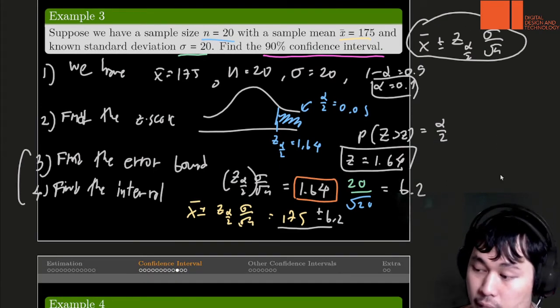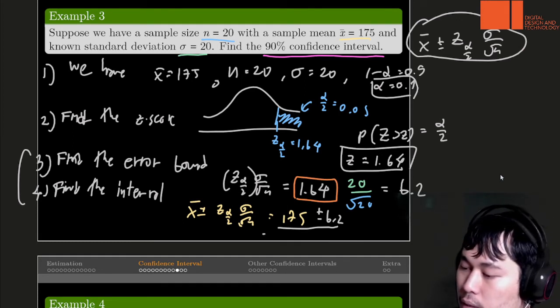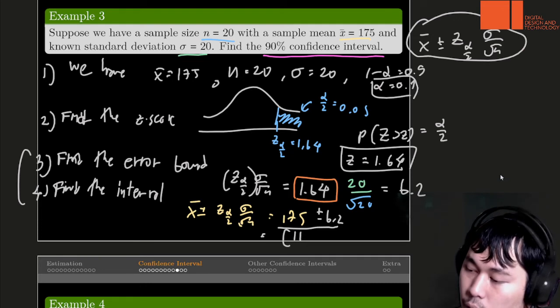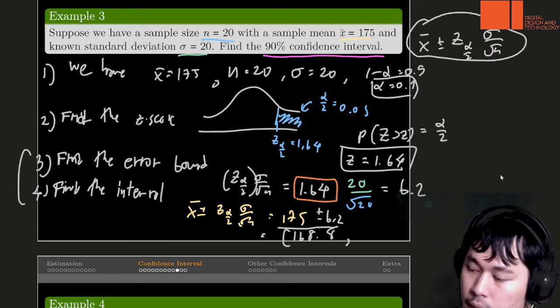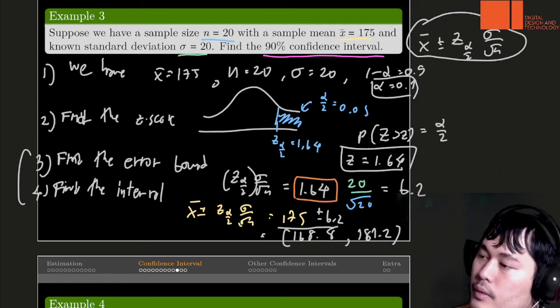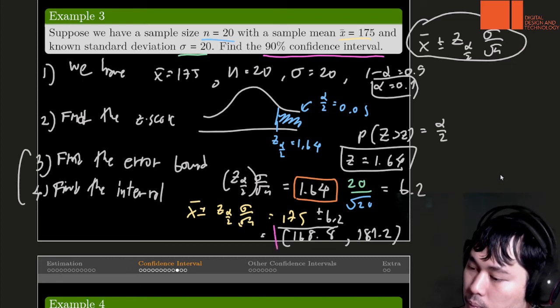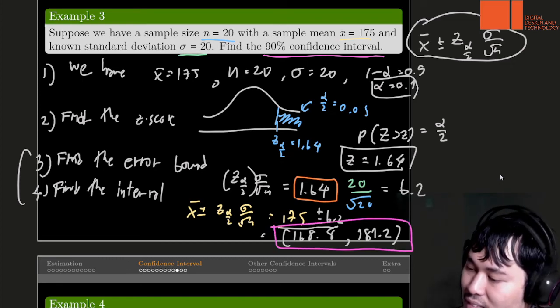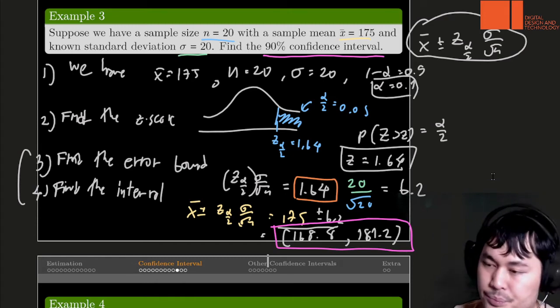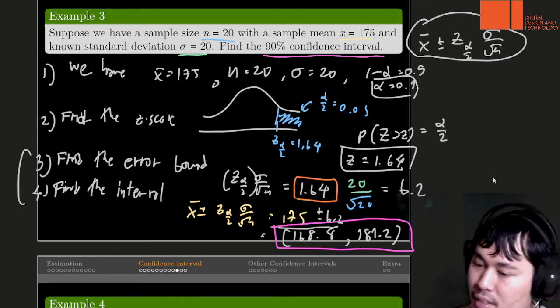That's a shorthand notation. In terms of an interval, you get 118.8 and 131.2. So that's the final result, and that's the answer.